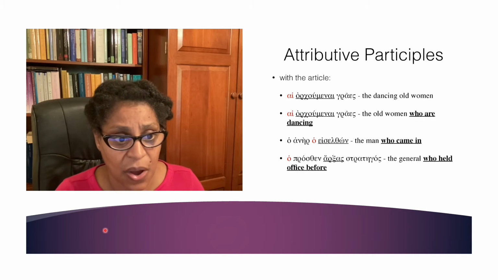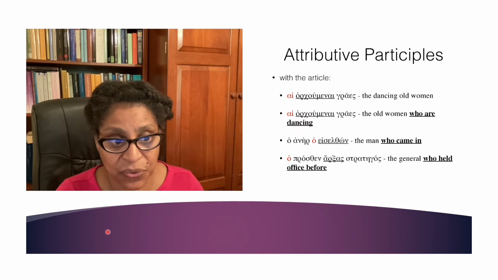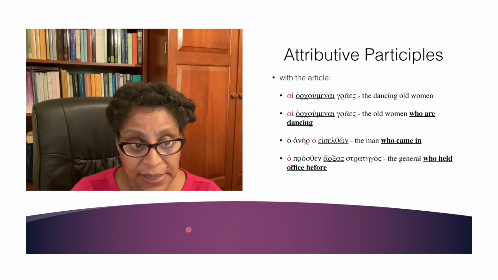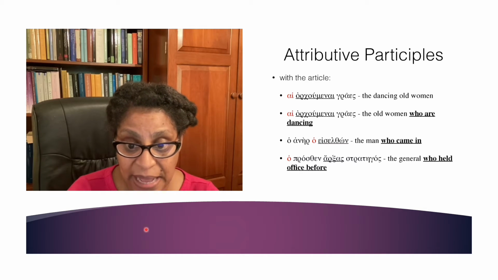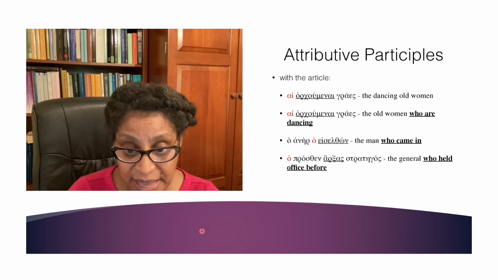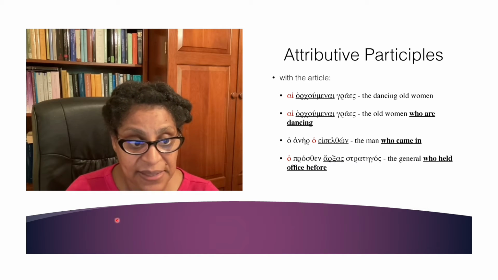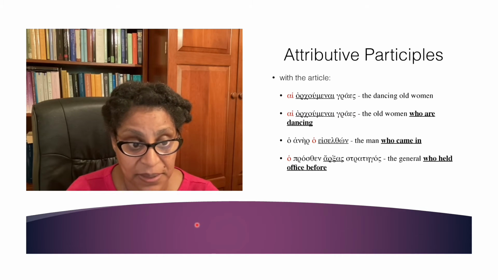Here's another one. Ho prosten arxas strategos. So the general who held office before. Now, again, because the participle can take things that go with verbs, like adverbs, here prosten is an adverb modifying arxas. That can also be part of the whole phrase, and you usually put it in attributive position with the participle.